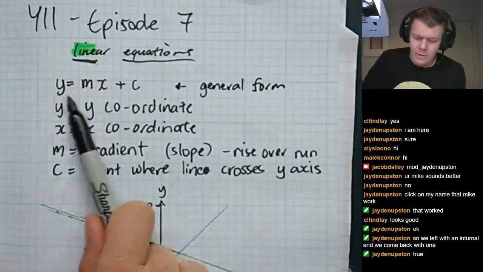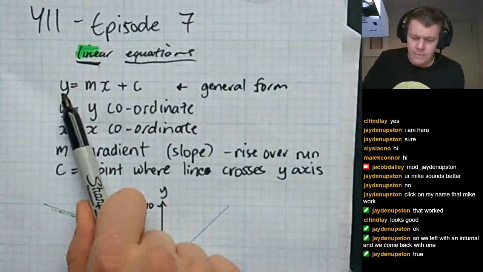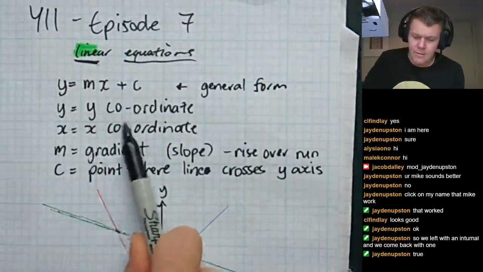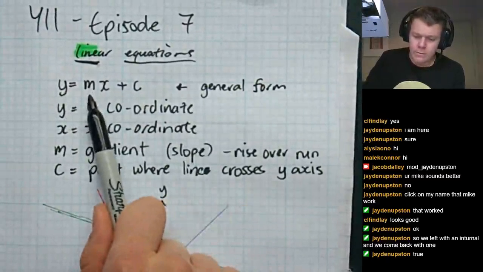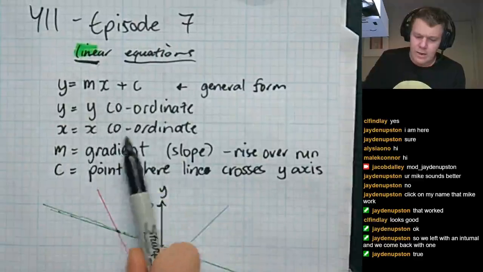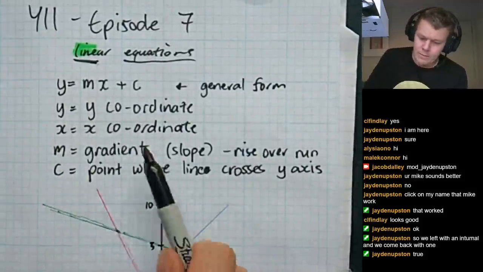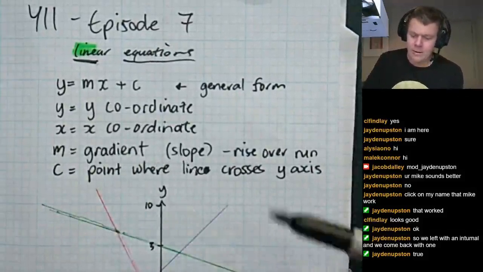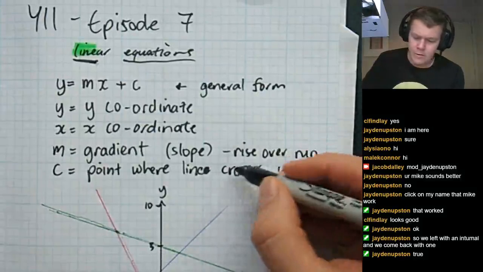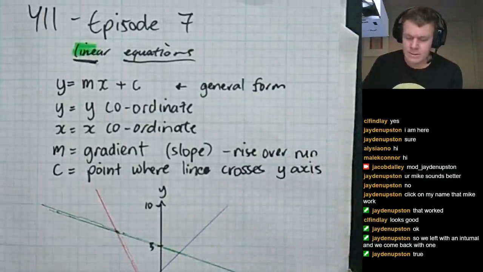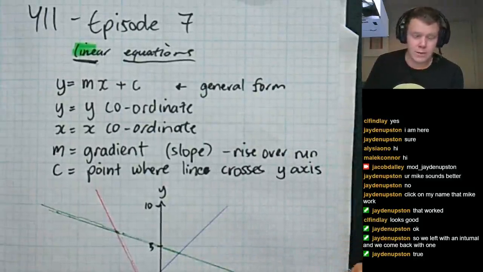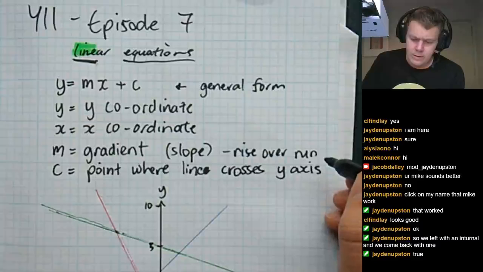It's made up of 4 parts. There's the y, that's your y coordinate. Then your x is your x coordinate. Then you've got your gradient, that's the slope of your line. And you might remember rise over run. That's the one thing that always sticks in my head.